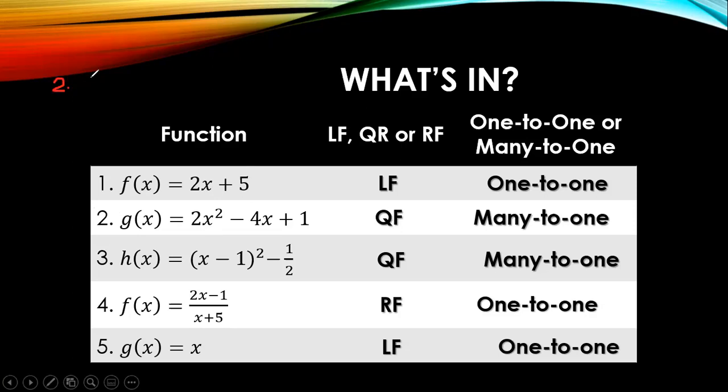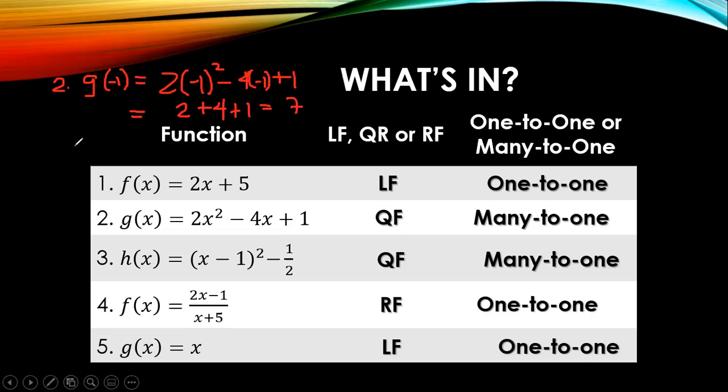So substitute natin g of -1. So ang answer is 2 times -1 squared minus 4 times -1 plus 1. So answer natin is 2 times 1 is 2 minus 4 times -1 is -4. So double negative. Thus magiging positive 4 then plus 1. Okay. So 2 plus 4 is 6 plus 1, that is 7. Okay?